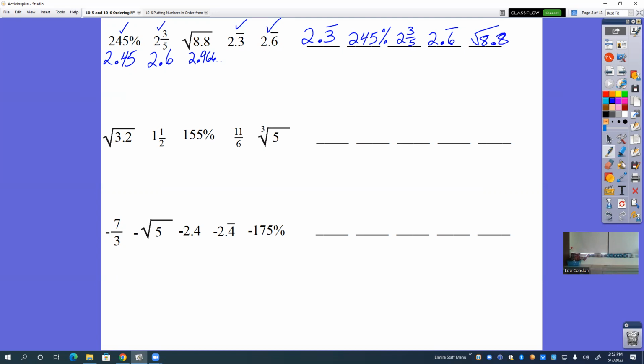Okay, and again, these would be 2.45, 2.6, and 2.966, etc.